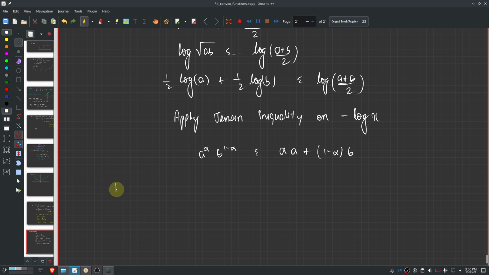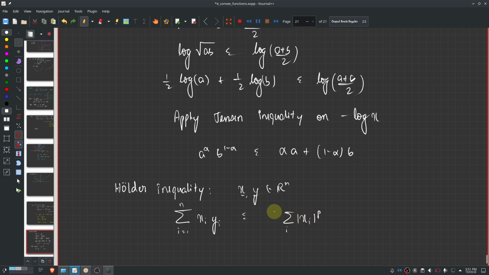So given any two vectors x and y in R^n, the inner product, the sum of x_i y_i, is always going to be less than or equal to the p norm of x times the q norm of y, where the p norm involves x_i to the power p, for any p and q satisfying 1 by p plus 1 by q equal to 1.